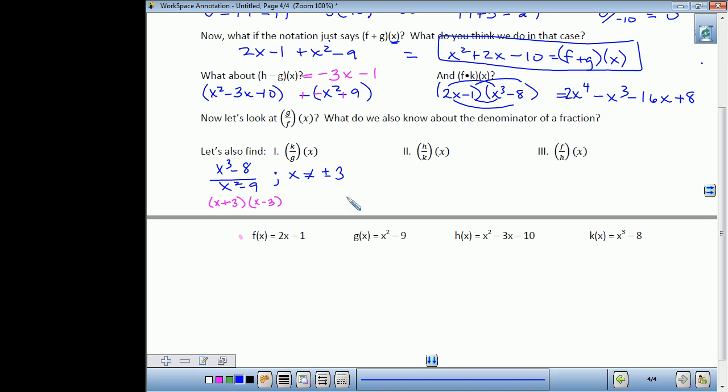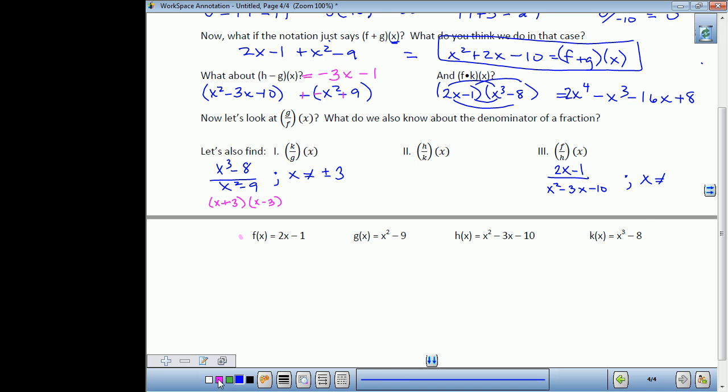Okay? We're going to skip to number 3. So let's do f, which is 2x minus 1, over h, which is x squared minus 3x minus 10. Now, division is easy. We just can't forget the restriction. What can x not be?